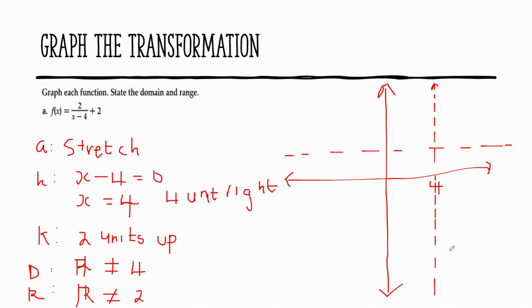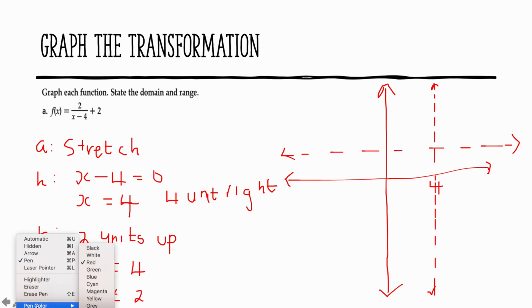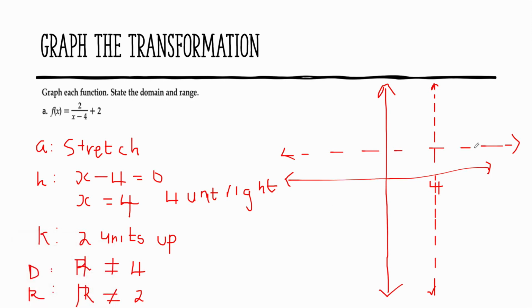Okay, now let's draw our graph. Let me pick a different color. Okay, so we said the graph will exist on this side. And the graph will be on this other side.